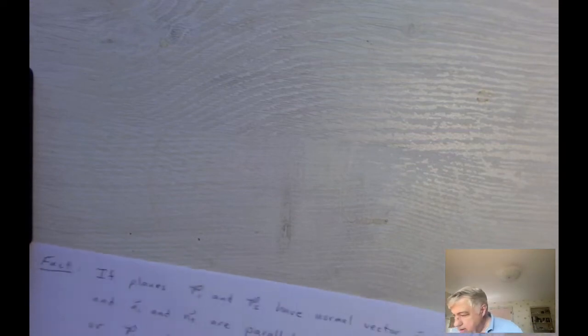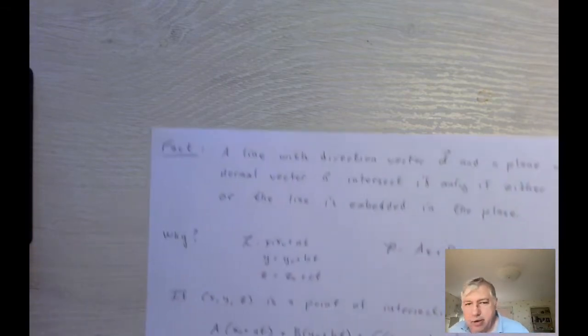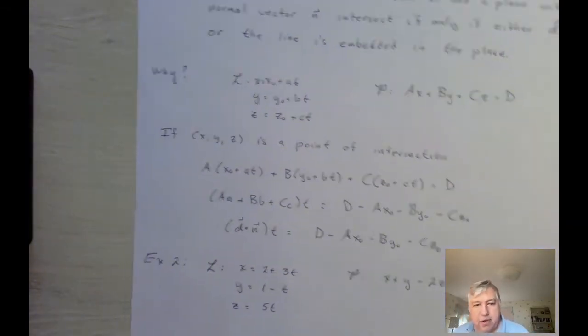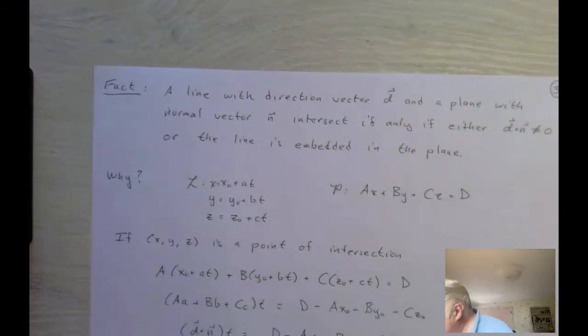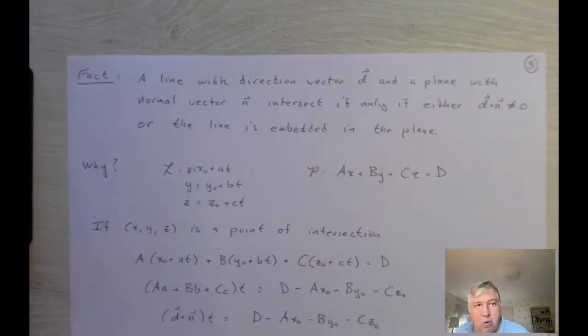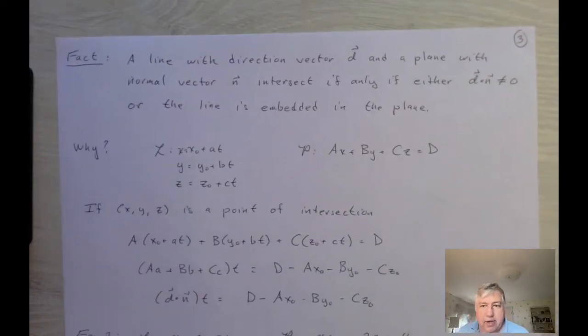Next, I want to take a little detour here and clarify a couple things about lines and planes, and how they intersect. A line may intersect a plane, or it may not. If it does intersect it, it'll either intersect it at a point, or it might be embedded in the plane.